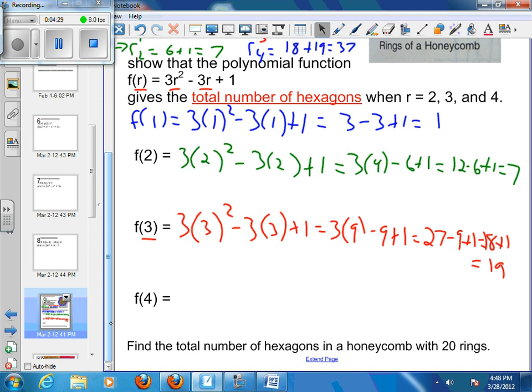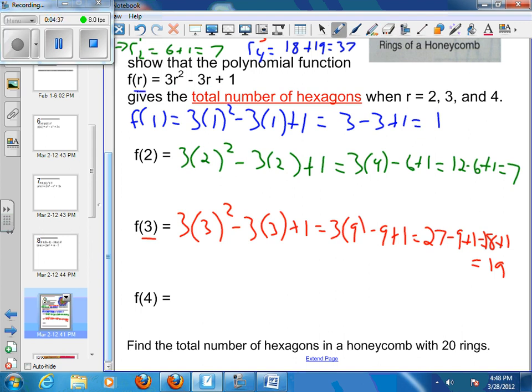Let's take a look at ring 4. Again, I'm going to go up to my function, and everywhere there's an r, I'm going to take out the r and replace it with a 4. So that's going to make it 3 times 4 squared minus 3 times 4 plus 1. And 3 times 4 squared would be 3 times 16 minus 12 plus 1.